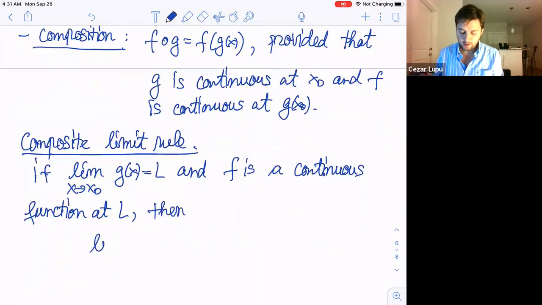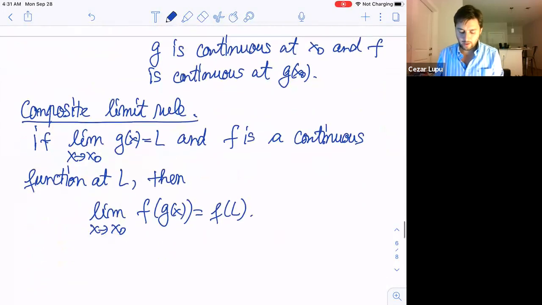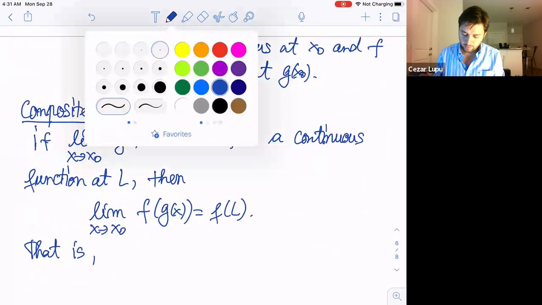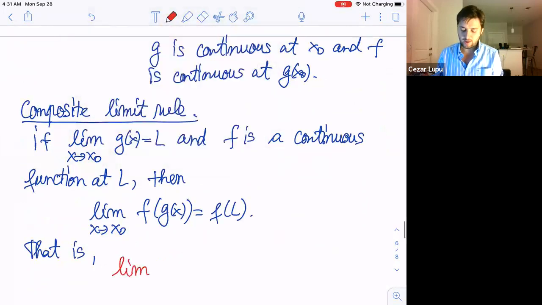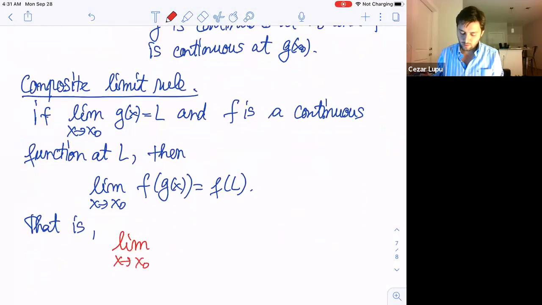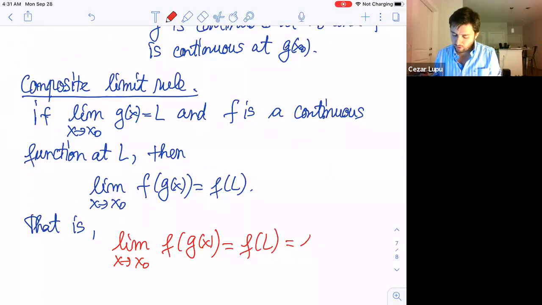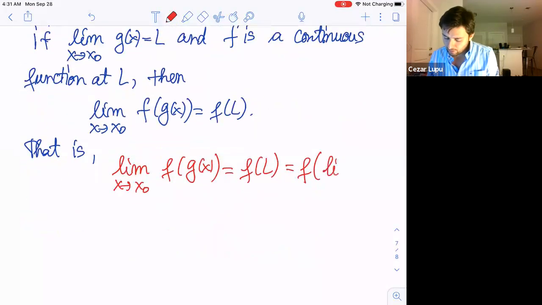As you can imagine, the limit as x approaches x naught of f of g of x is f of L. Let me write it in this way: the limit as x approaches x naught of f of g of x is f of L, or if you want, is f of the limit as x approaches x naught of g of x.